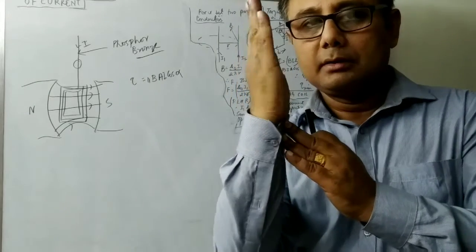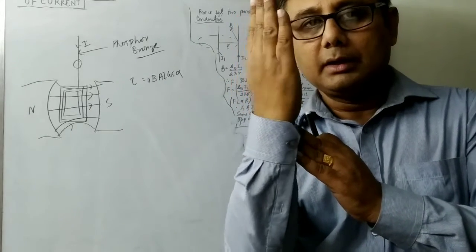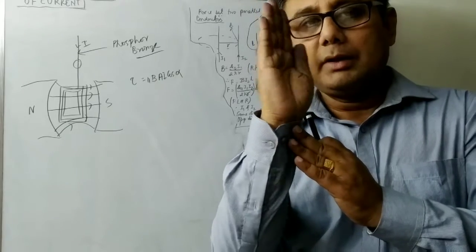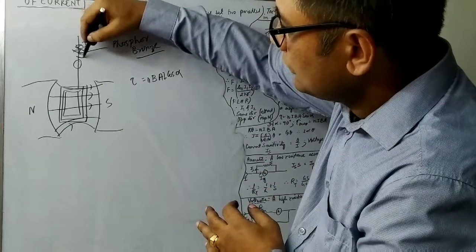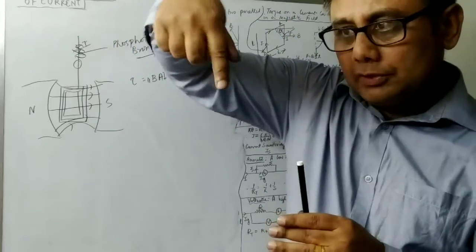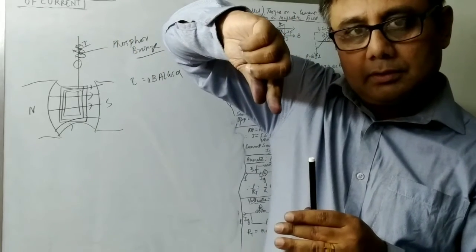Due to this torque, the coil will turn like this. When it turns, a twist is produced.